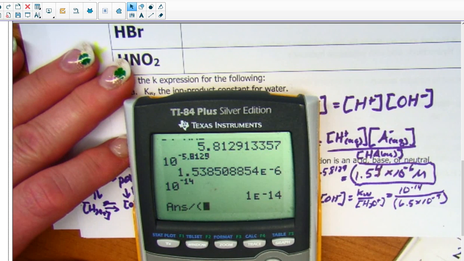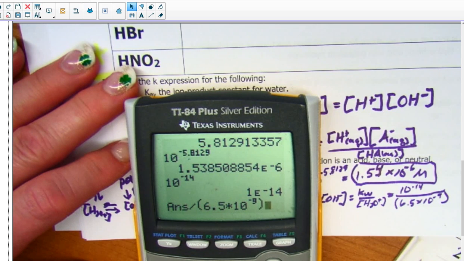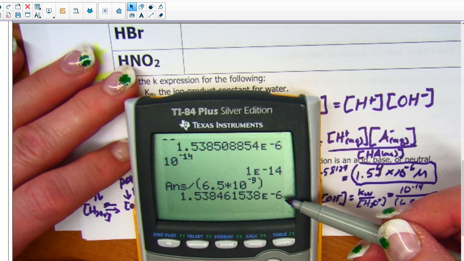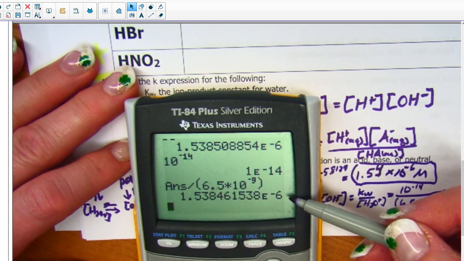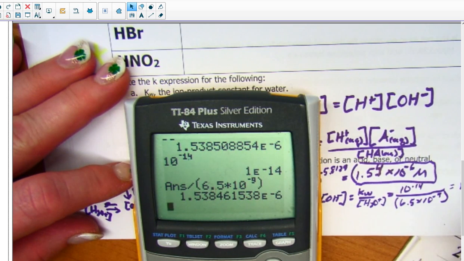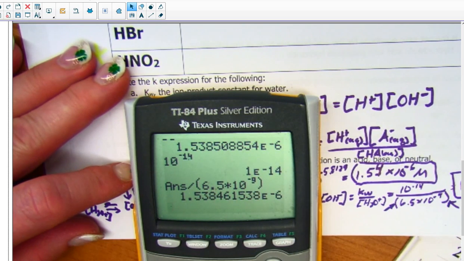If you don't have the parentheses, you're going to get the wrong answer. 6.5 times 10 to the minus 9, and then you're going to close parentheses. Now, having said that, when you hit enter, if you end up with something that has an exponent greater than 14, you know you did something wrong. Okay? If you didn't, then you probably did it okay. And you'll notice it's the same answer, 1.54 times 10 to the minus 6 molar. So you can do it this way. I just highly caution the parentheses.